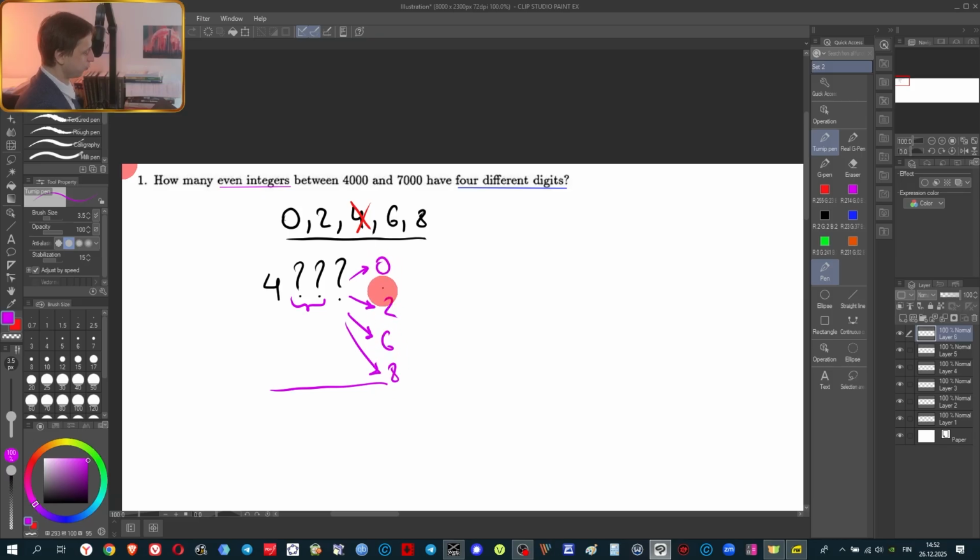Here we have 4 different options to choose the last digit, so 4 times. How many options do we have to choose this second digit? Well, in general, we have 0, 1, 2, and so on, 9. So in general, we have 10 options for the digit on the second place. However, 2 numbers are already taken, this one and 4.